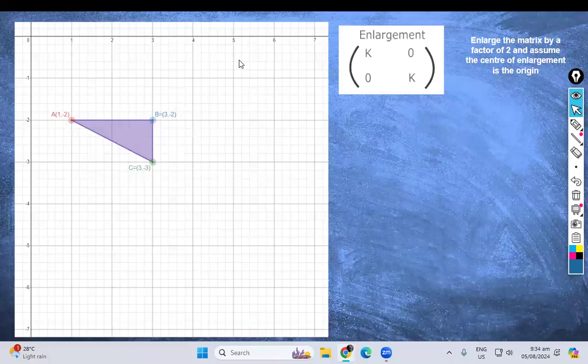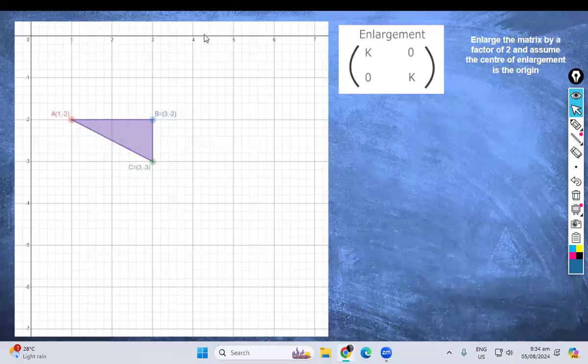A lot of you are telling me, well, there's an easier way to enlarge something, right? Like if you wanted to enlarge it by 3, you could just take all the coordinates and multiply them by 3. And that is true, right? But you could use the matrices method. Now look at this new question.